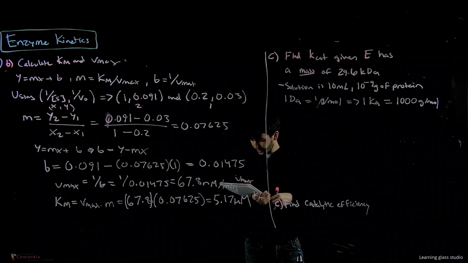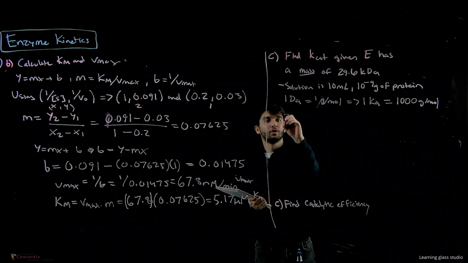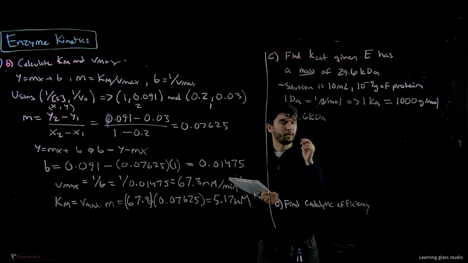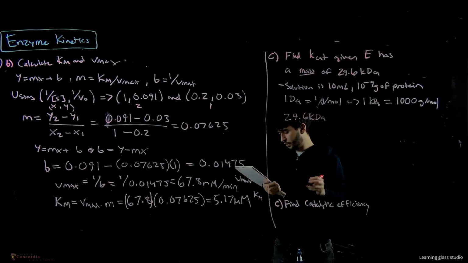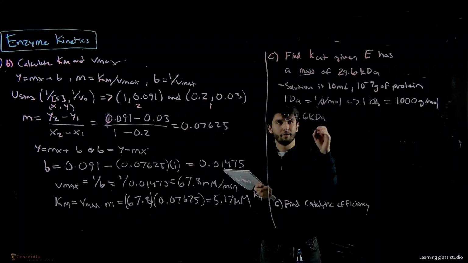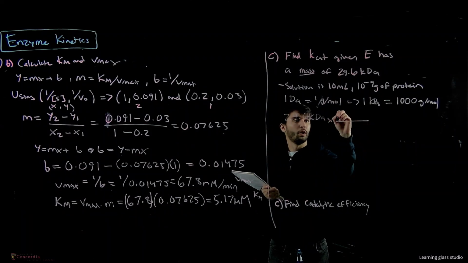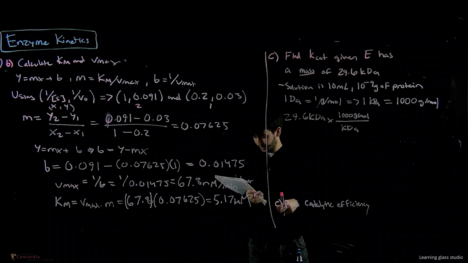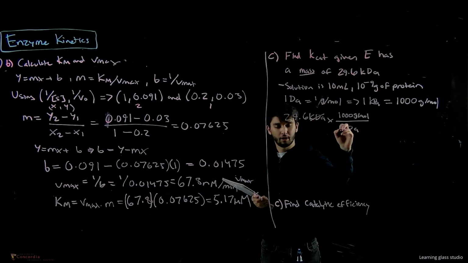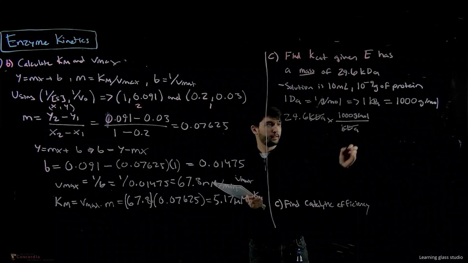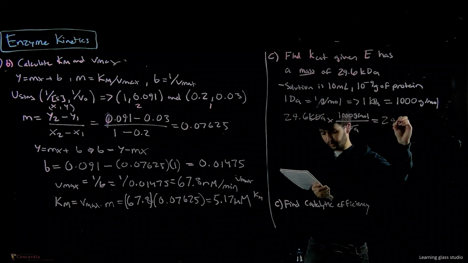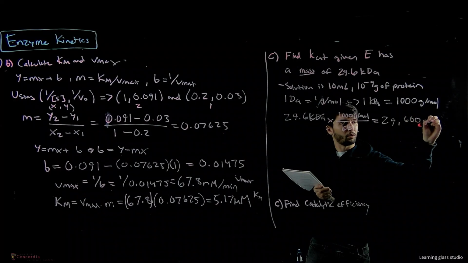So we have a mass of 29.6 kilodaltons, and we have 1,000 grams per mole in a kilodalton, right? So the kilodaltons cancel, and this gets us a molecular weight of 29,600 grams per mole.